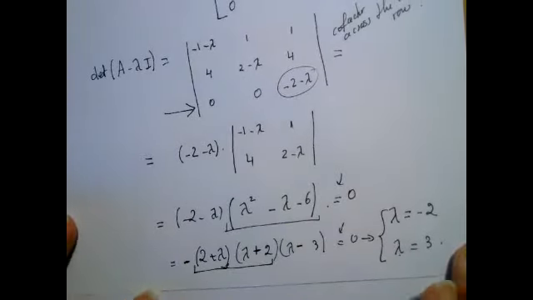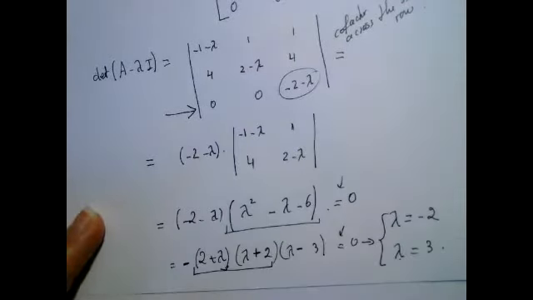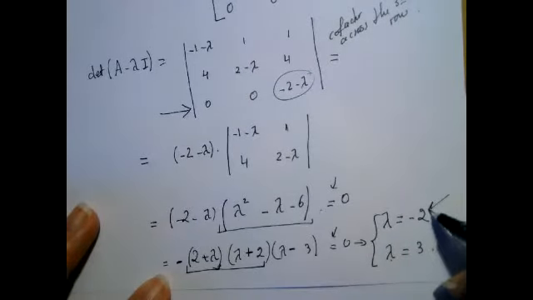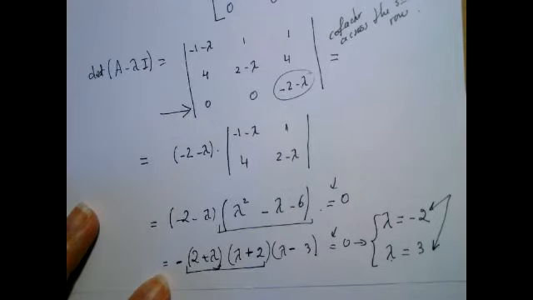Now we found those. Now question number 2 is, for each one of those eigenvalues, we're going to find a basis for the eigenspace that corresponds to it. This time I'm starting to use the word basis for the eigenspace.